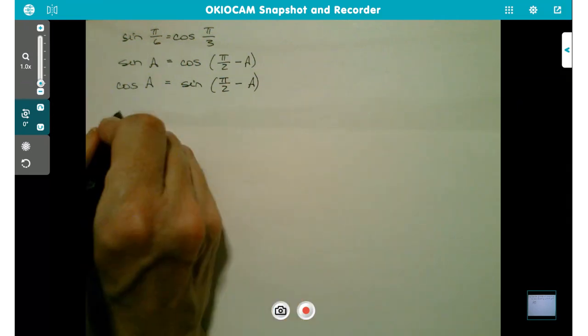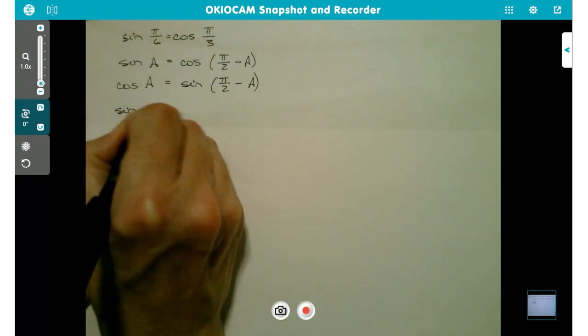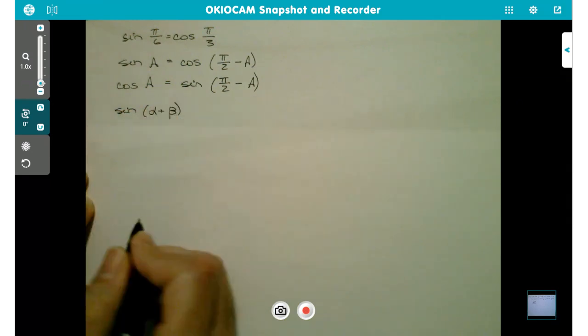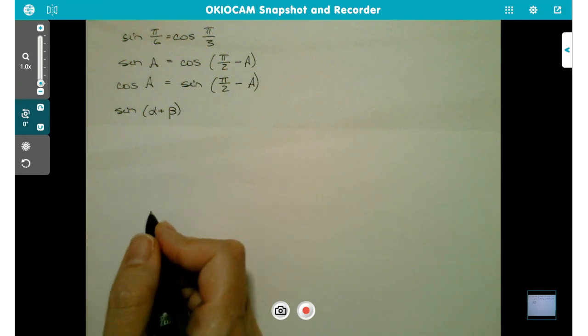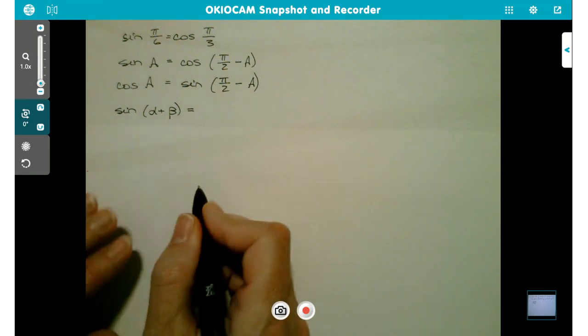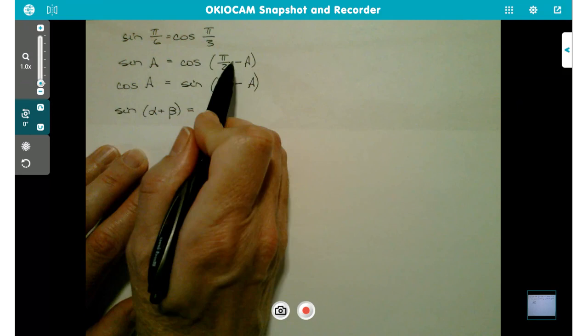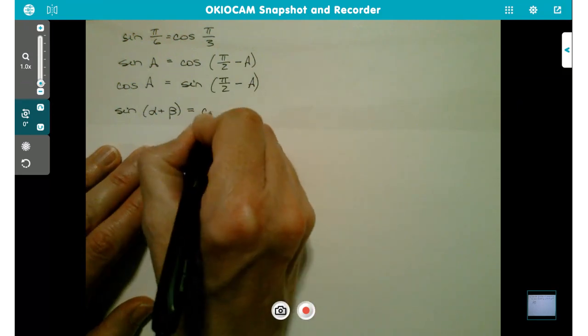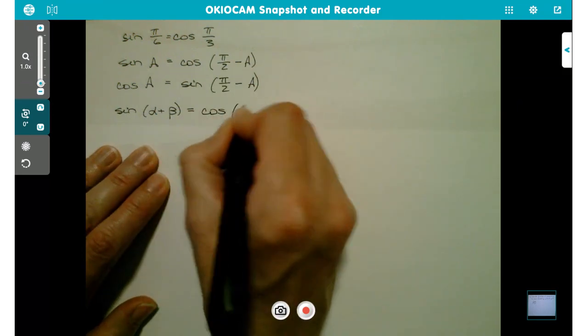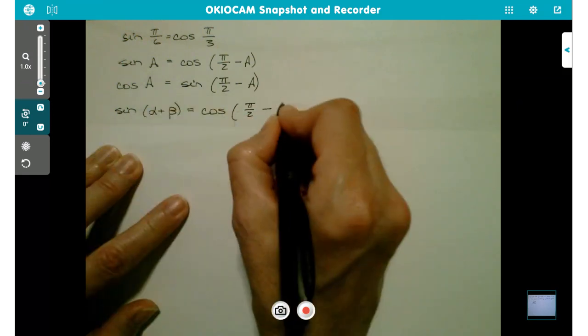I would like to come up with some kind of expression for the sine of a sum of 2 angles. But all I have to go on is the cosine one that I just found and this identity. So this is going to be the same as the cosine of pi over 2 minus that angle.